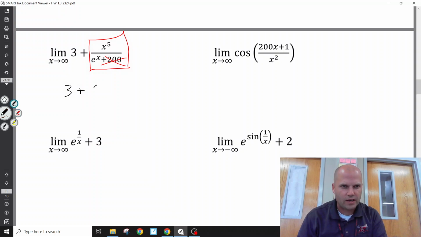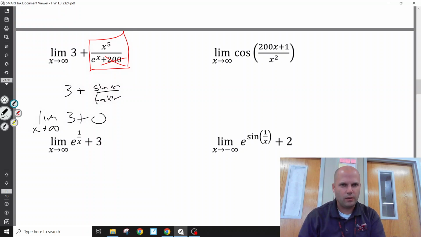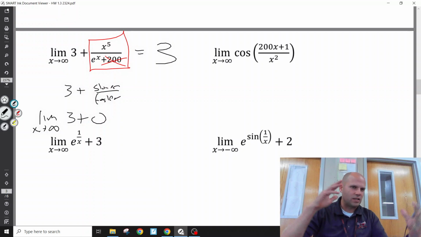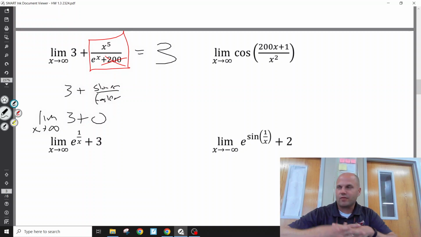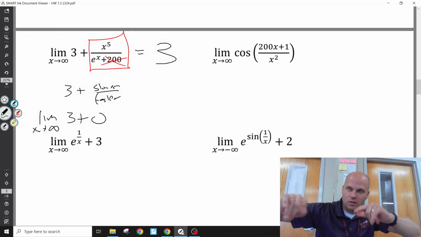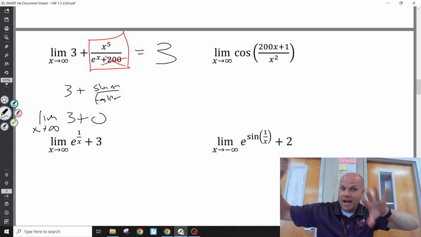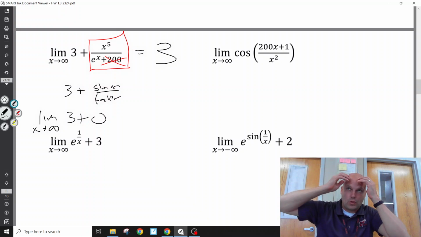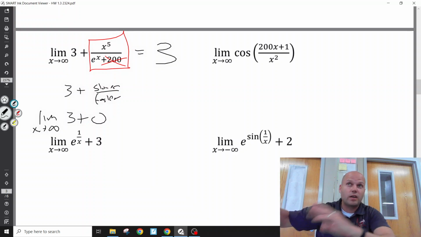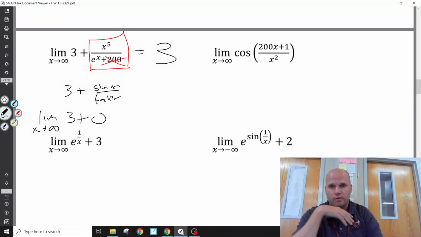So slow over faster is 0. Well, that means your answer is 3 plus 0. That 3 means a lot. You're not going to cross it off because it's still there. It's not going to be 3 plus x plus this fraction, then you could ignore the 3. It's 3 plus the fraction. Figure out what's going on in the fraction. Then see if you can get rid of the 3.